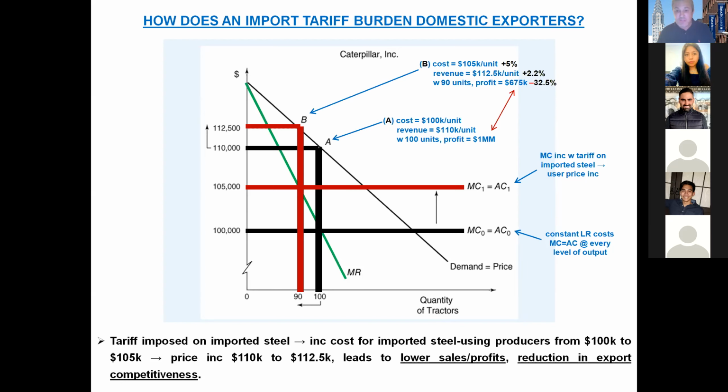Okay, so the tariff is there, but what do you have? You have lower sales, lower profits, and your export competitiveness has shrunk as a result of the tariffs. Remember, with tariffs, you have very concentrated benefits for very dispersed costs and tremendous downstream effects. Think about what we just looked at with the economic data that came out today on lumber costs.